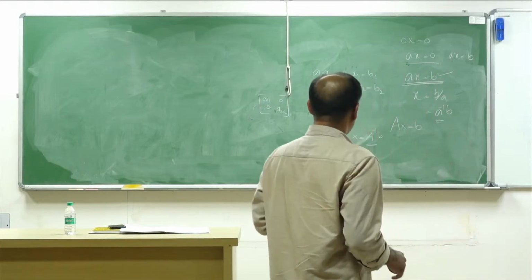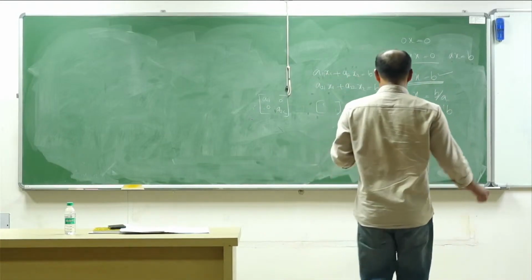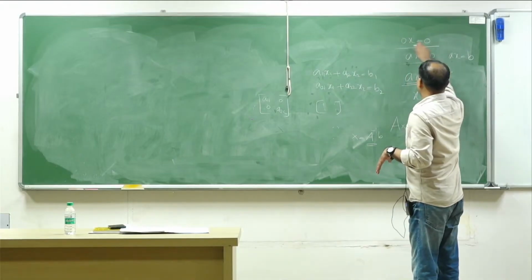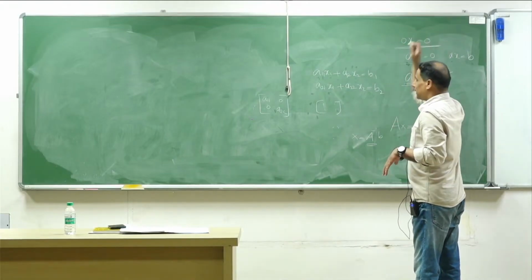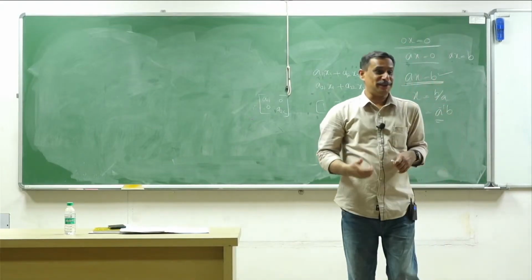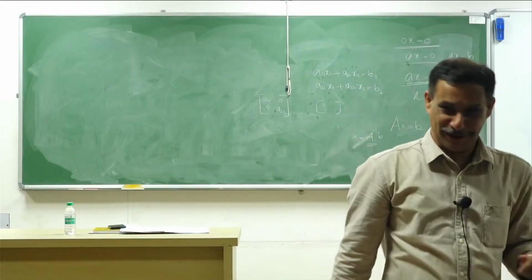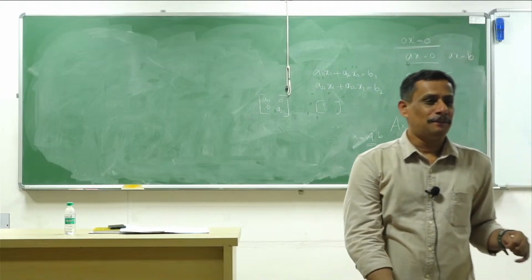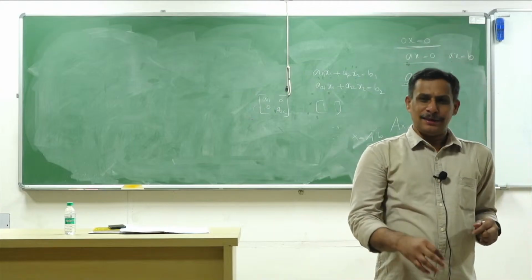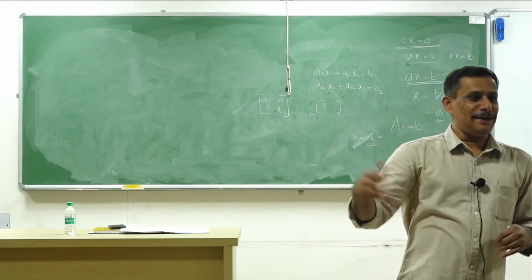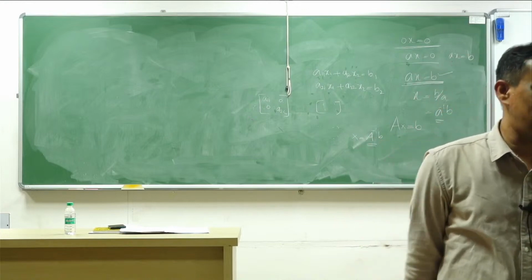So 0x equals 0, you take the equation, right? What happens to x? What is the solution? Can you imagine? You take any real number, including 0, and it satisfies that equation.